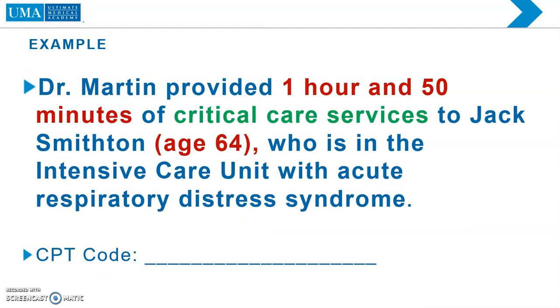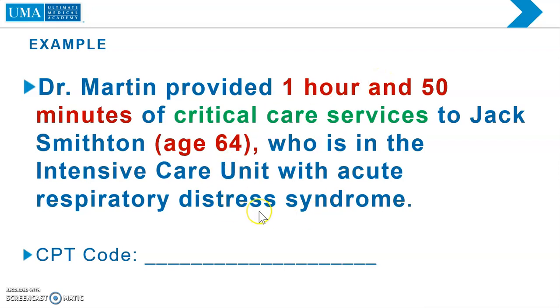So let's do an example. Dr. Martin provided 1 hour and 50 minutes of critical care service to Jack, age 64, who's in the intensive care unit with acute respiratory distress syndrome. Now, do you see it? He's still in the intensive care unit, but he's been given critical care services, right? And you have been given the time as well.